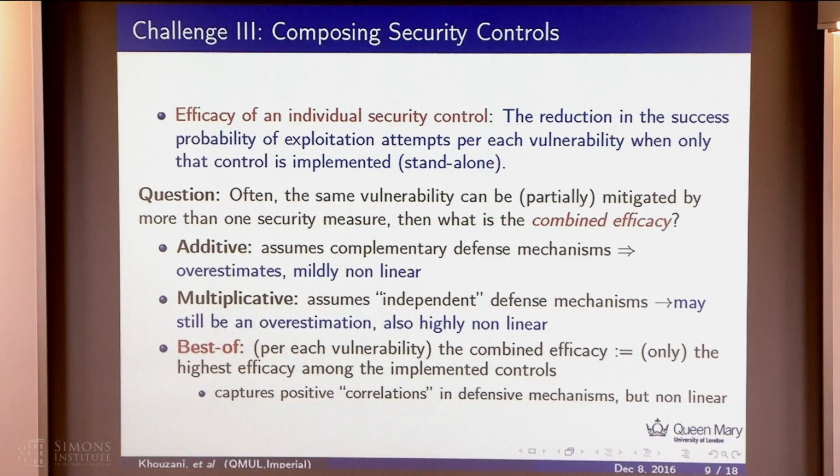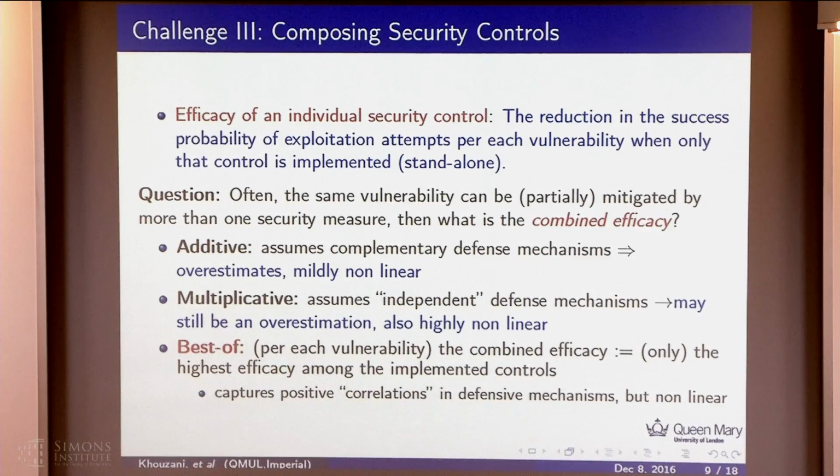So suppose we have a set of vulnerabilities that are relevant for a set of controls, and if we know the values for each control, how can we extract something meaningful about their combination against that vulnerability? So how can we compose their efficacy?